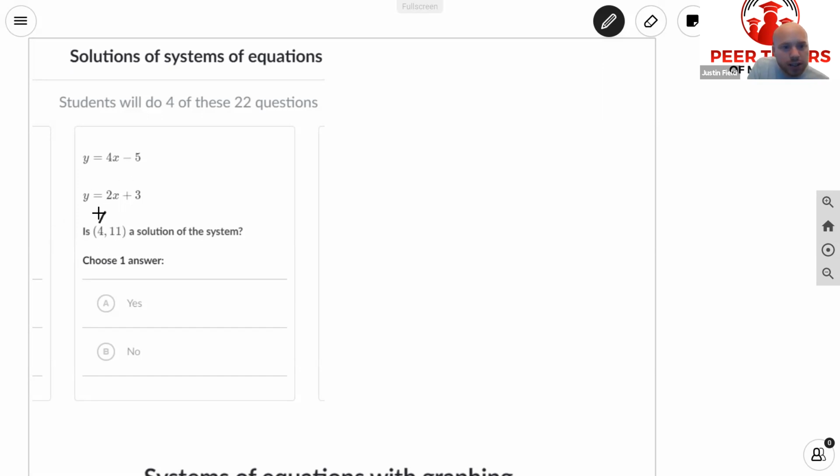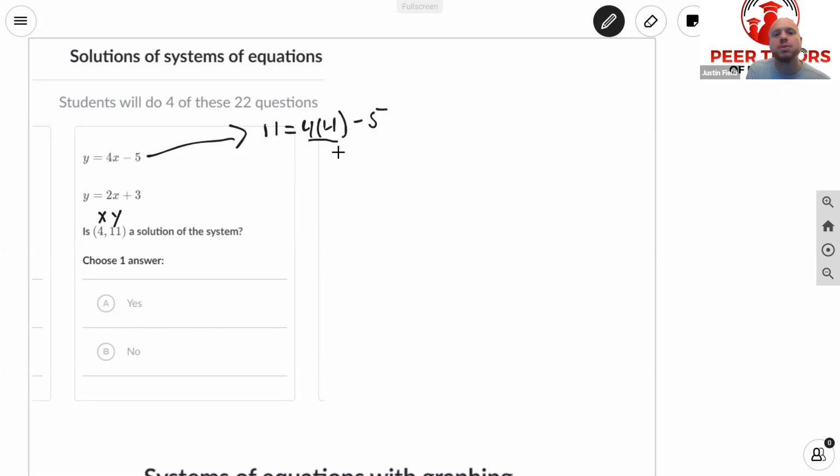I'm just gonna write x, y there, and all we're gonna do is substitute those things in for x and y, and then we'll talk about if we have the answer or not. So for y, I'm gonna put 11 equals, and then 4 times that, there's the x, and so I'm gonna put a 4 minus 5.